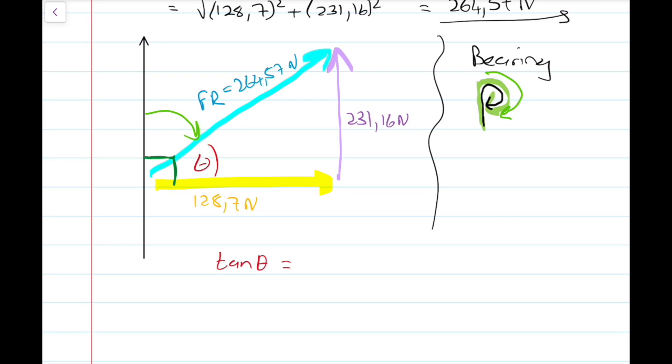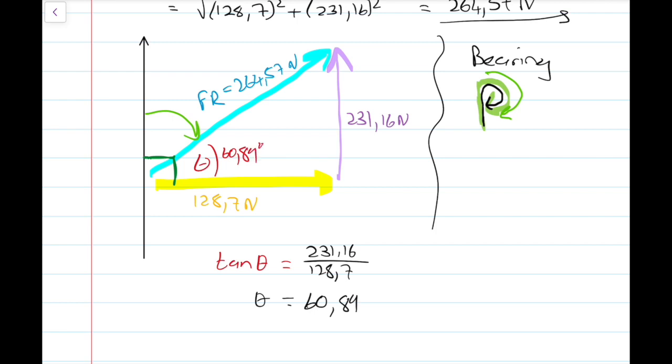So 231.16 all over 128.7. Now we solve for theta using shift tan, or arc tan correctly said, of 231.16 over 128.7, and we get 60.89 degrees for theta.